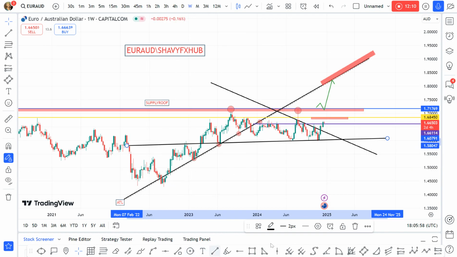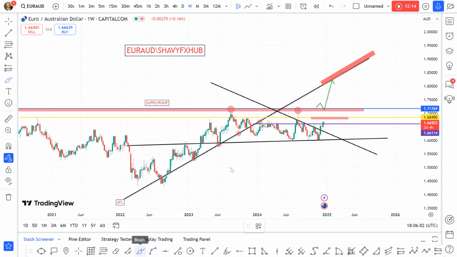And we can see what price has done here: here is a supply roof, a break of a supply roof, price came here on demand, retest one, retest two, retest three, retest four, retest five, and finally Euro AUD is set for that bullish thrust.